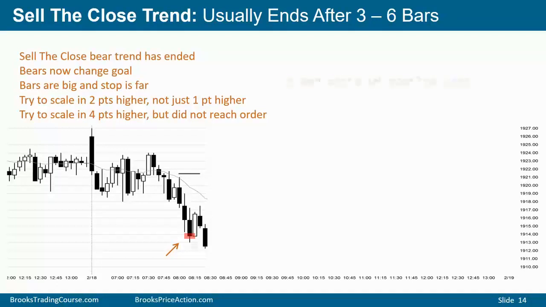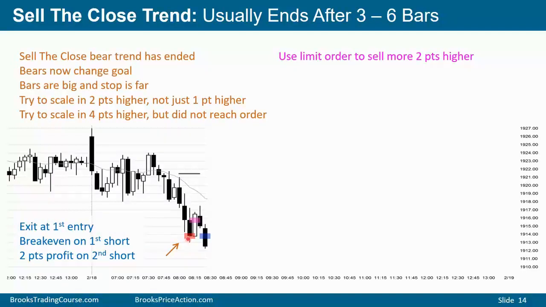You can see what happened here. The bears who sold 2 points above this close got filled here, and then the market came back down to their close. They can get out break even at their first entry and with 2 points profit on their second entry. You can also sell below the low of this bar for a low one bear flag. We broke to a new low of the day, 3 consecutive bear bars, and we have a bear bar closing on its low.